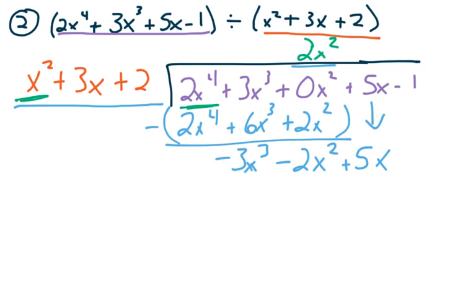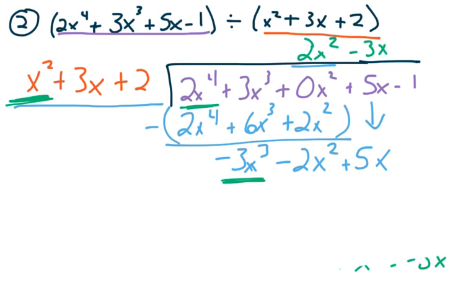Okay, do it again. My dividend has a higher degree than my divisor, 3 and then 2, so I can keep going. Now I'm going to take my new biggest term, negative 3x cubed, and divide it by the biggest term again, x squared. And what that leaves me with is negative 3x. So I'm going to put negative 3x right above the x term in my quotient.